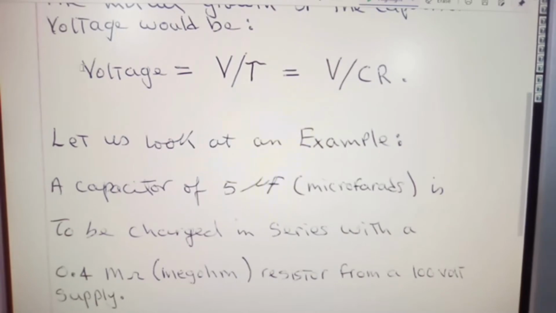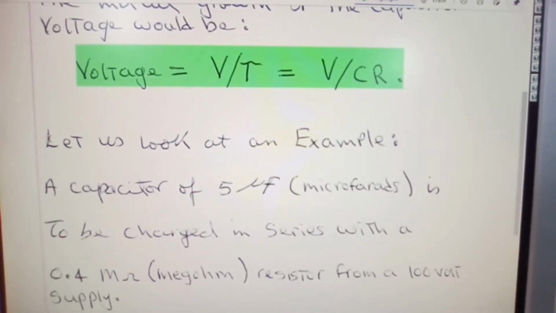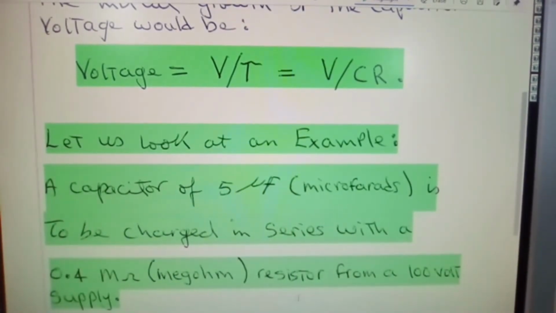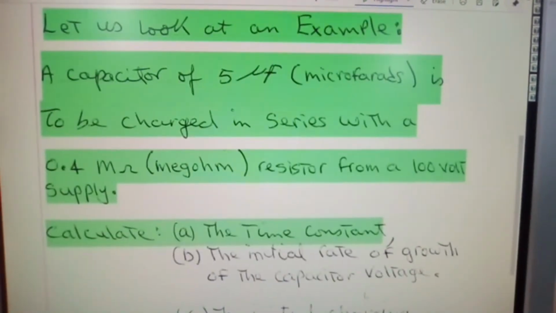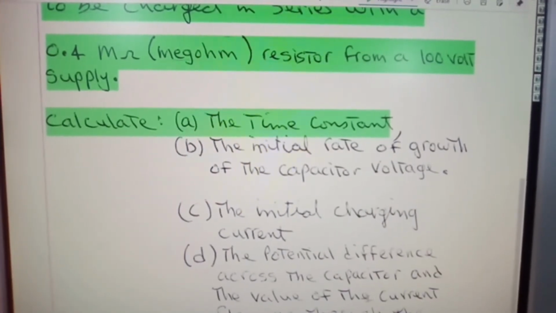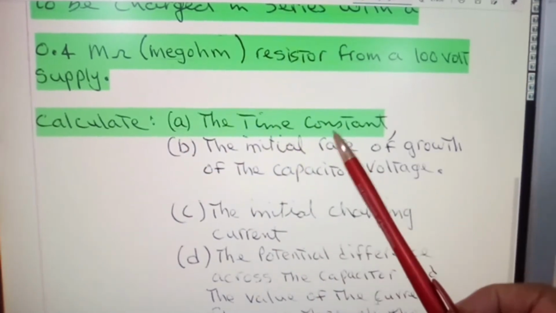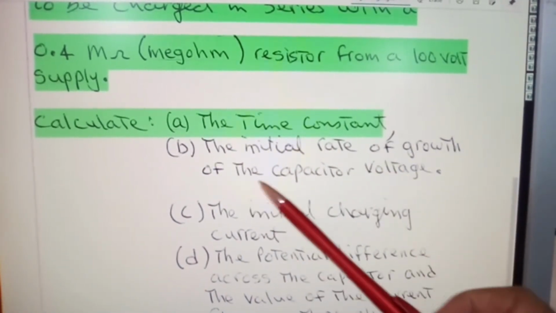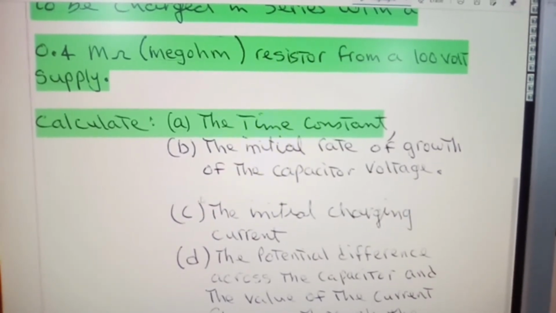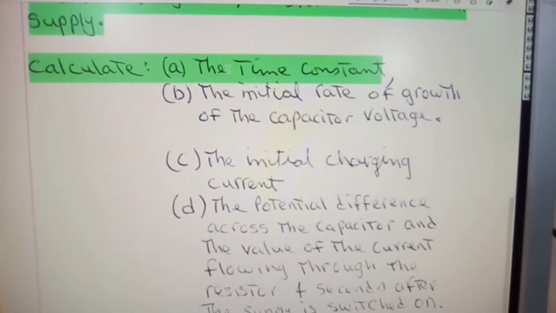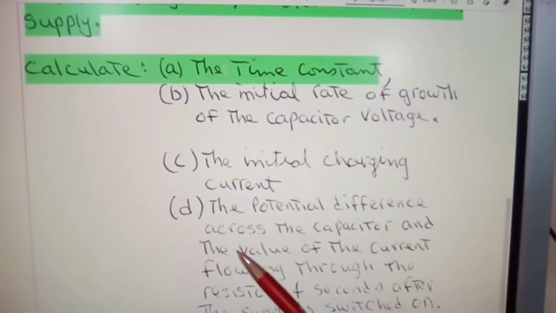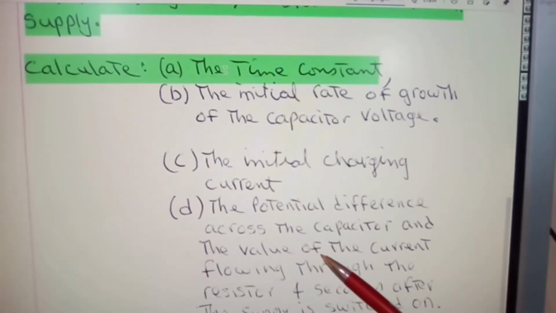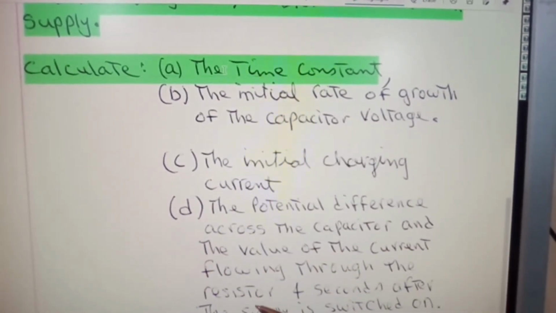Now, here I'm asking you to calculate A, the time constant, B, the initial rate of growth of the capacitor voltage, C, the initial charging current, and D, the potential difference across the capacitor and the value of the current flowing through the resistor 4 seconds after the supply is switched on.